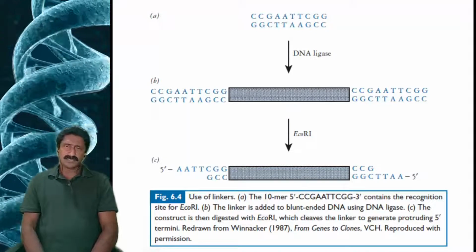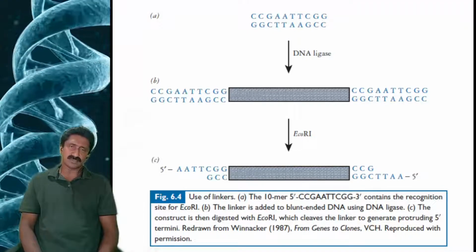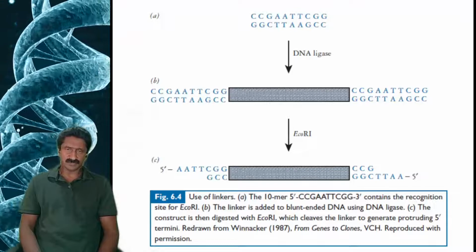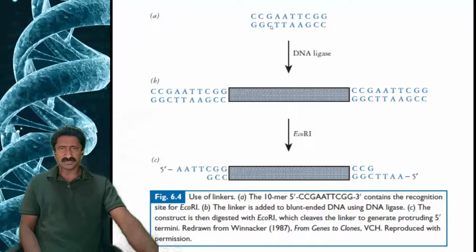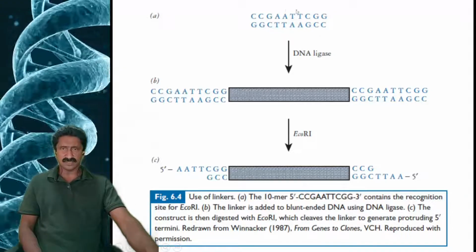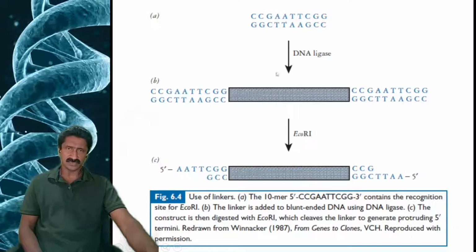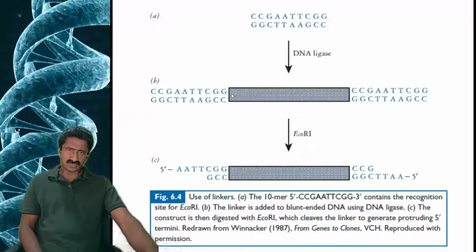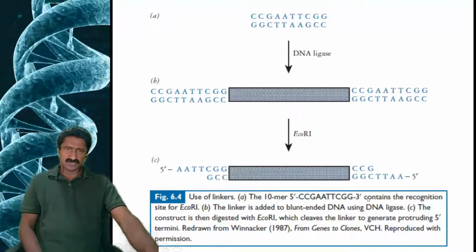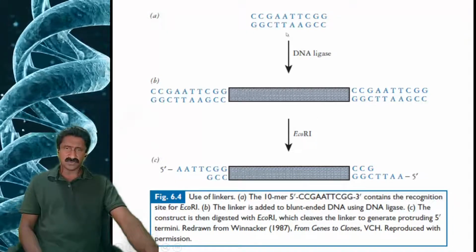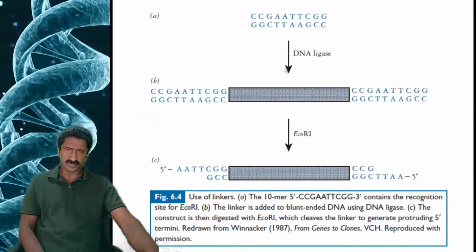Now this is another slide in which the linker is shown. Yesterday we already discussed the concept of the linkers. Here a 10-mer linker sequence is shown, and this 10-mer sequence contains a recognition site for EcoRI.